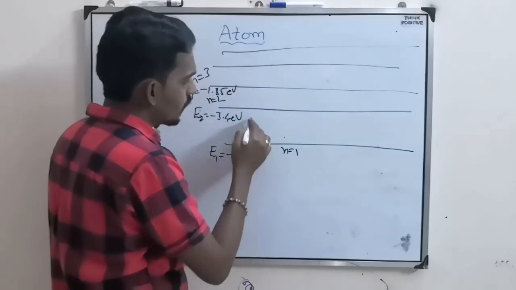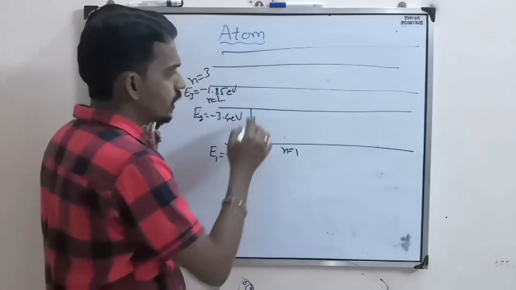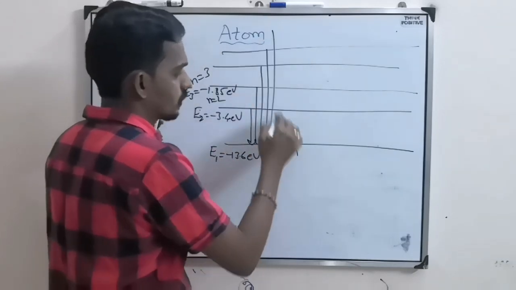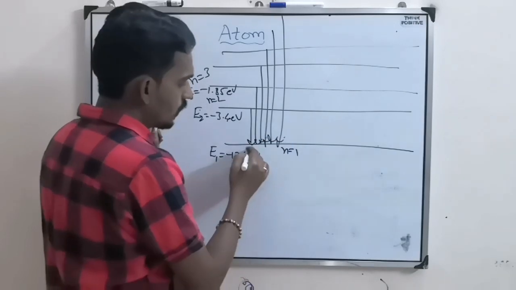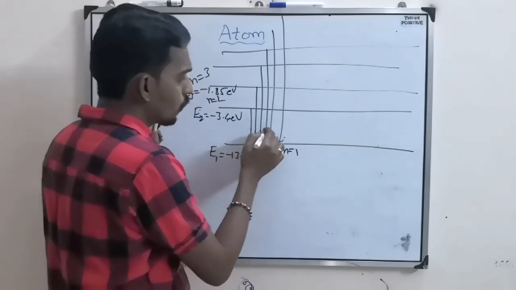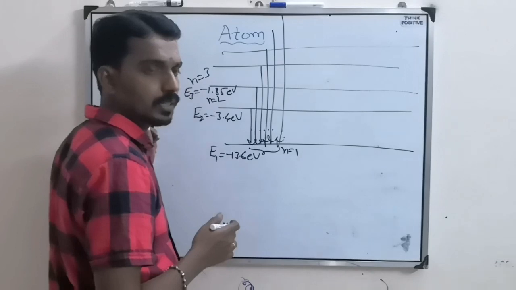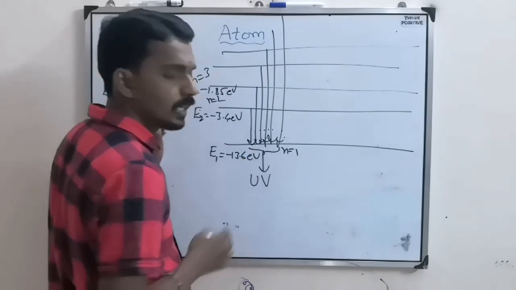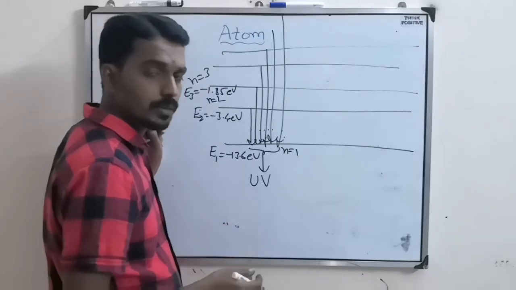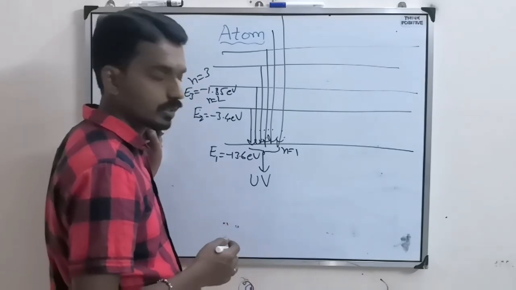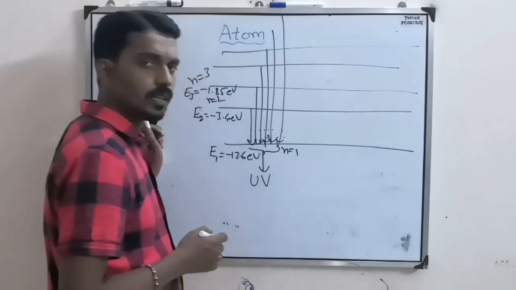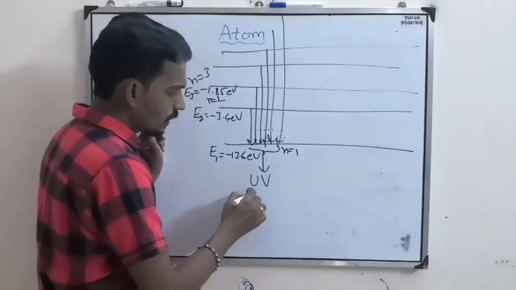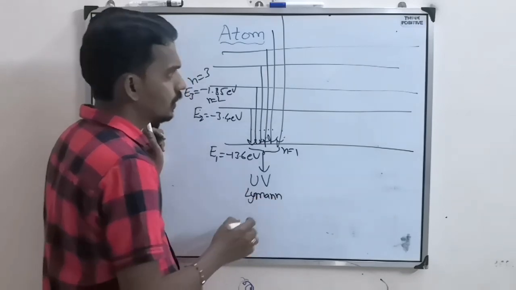If the transition is taking place to the ground state from any higher level, all the corresponding photons have a particular wavelength range, and that wavelength range lies in UV light. So this wavelength lies in the range of UV, and we call it the Lyman series.